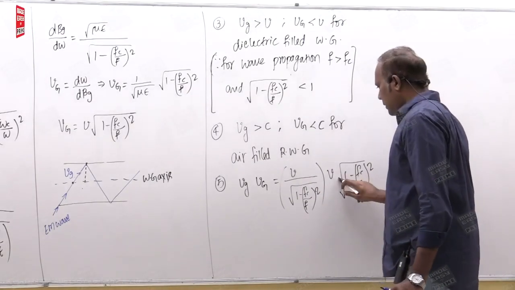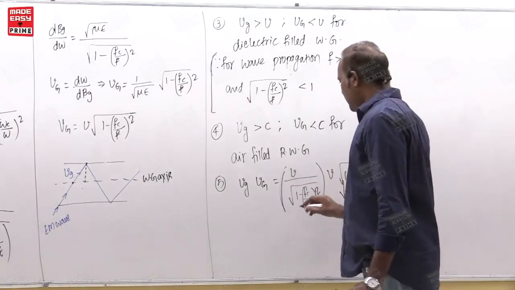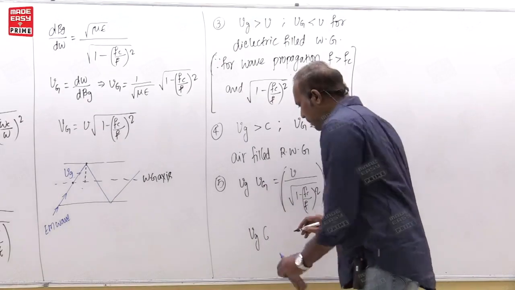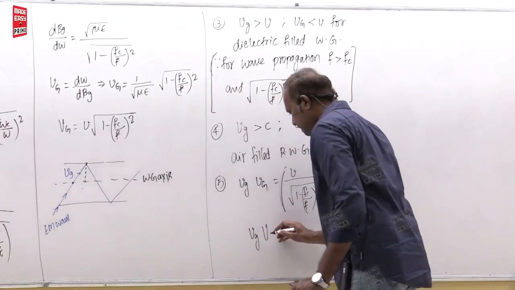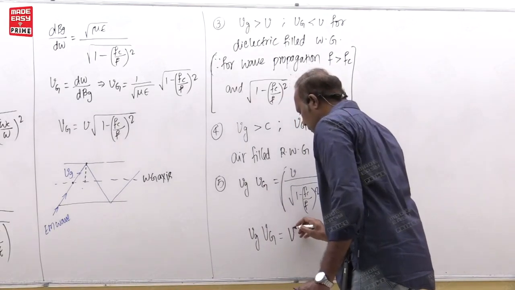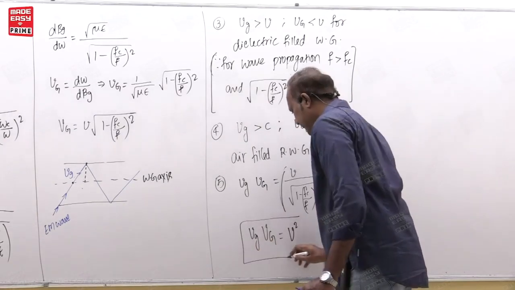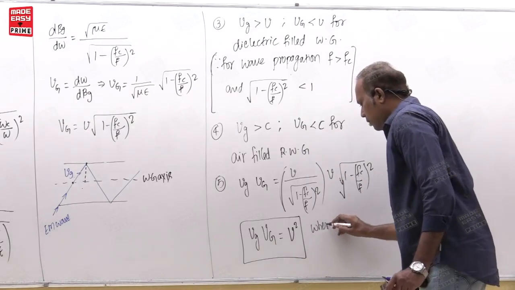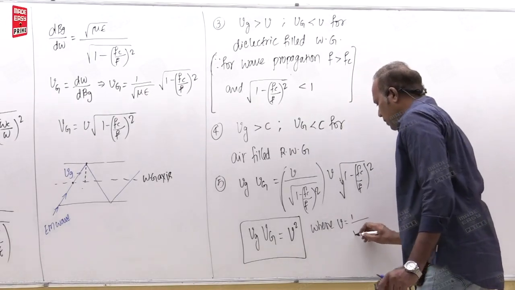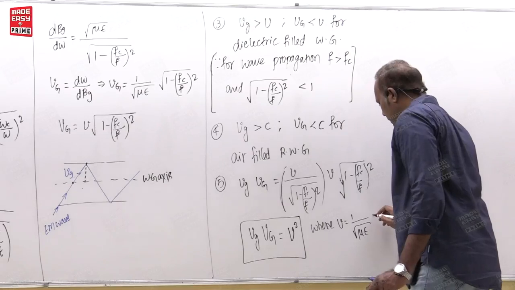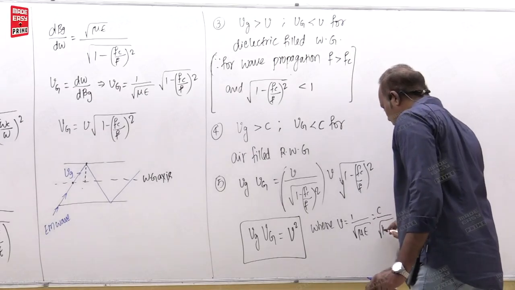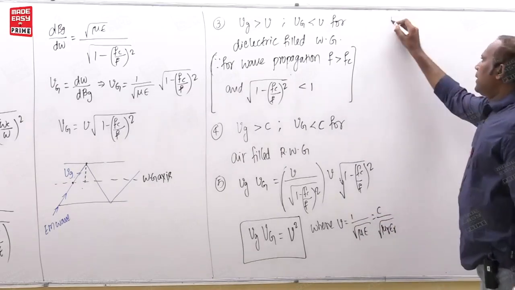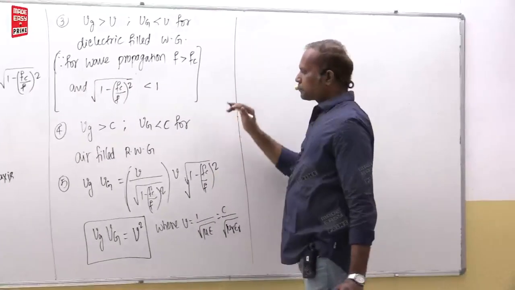Now this cancels, so guide phase velocity multiplied with group velocity is equal to v square. Where v is 1 by root mu epsilon, that is c by root mu r epsilon r, that is the unbounded phase velocity.